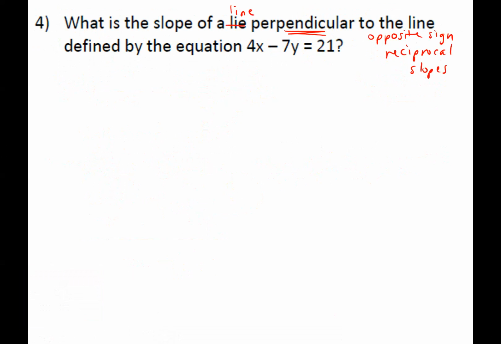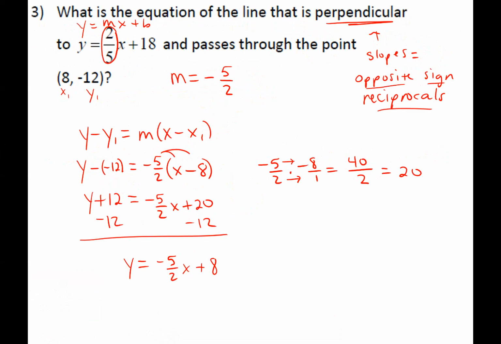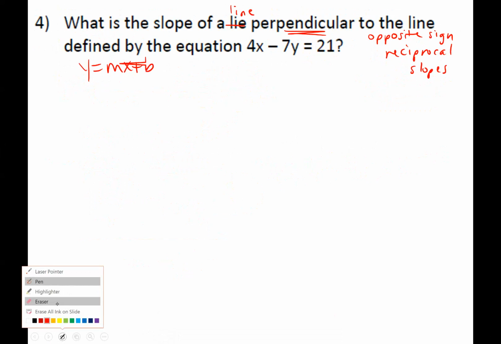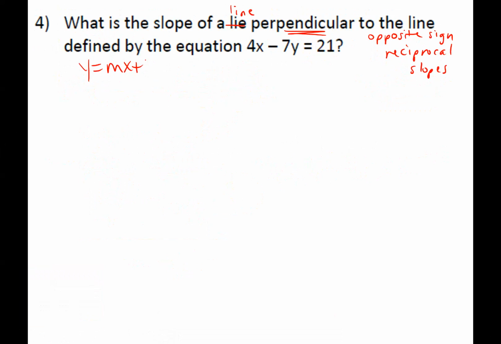And in order to figure out the opposite sign reciprocal slope, I'm going to need to solve this for y, putting it into y equals mx plus b. If it's in slope-intercept form, then I can figure out the slope easily.